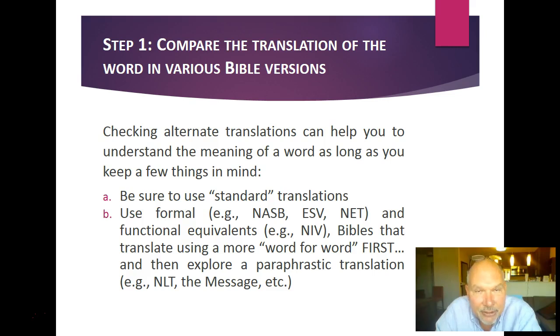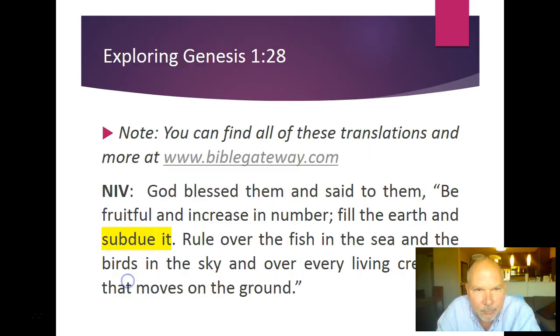The ESV is another example. And then we want to add a functional equivalent by looking at the NIV. And then finally, we want to round out our understanding of a passage by looking at the New Living Translation or the Message Bible. Now, you can find all of these translations and more at www.biblegateway.com. And so that's a great place to start.